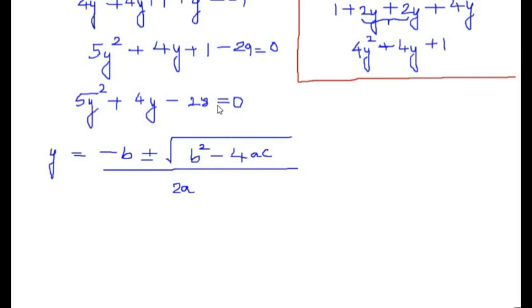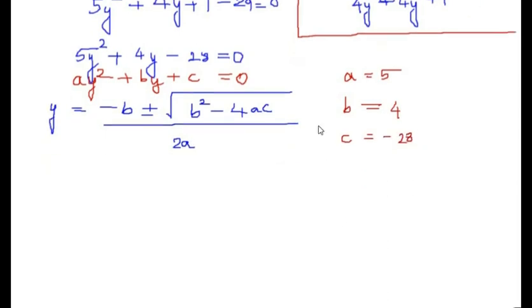Again we are going to compare this expression with a y squared plus b y plus c equals 0. I am using the y term here because the variable is y. So this is the general form of the quadratic equation, as I had mentioned in the previous example as well. So by comparison, we can see here a is equal to 5, b is equal to 4, and c is equal to negative 28.